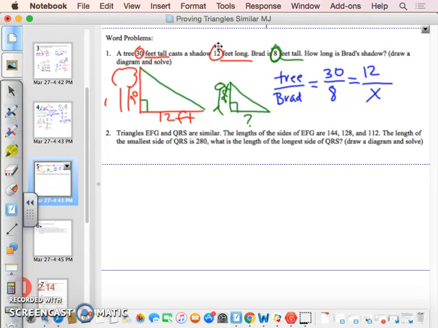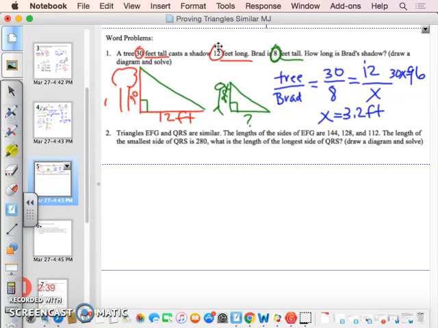As you know from a couple weeks ago, if you cross multiply and divide, you get x equal to 3.2 feet. So 30x equals 12 times 8, which is 96. And 30 into 96 is 3.2.